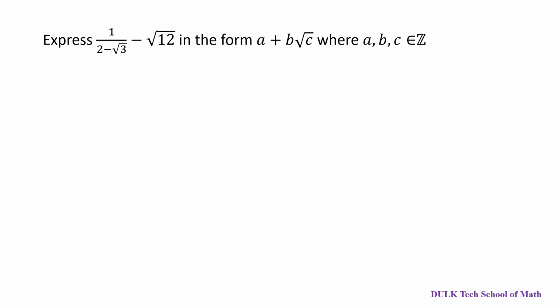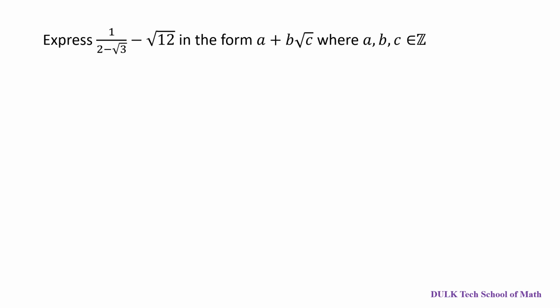Express 1 over 2 minus root 3 minus root 12 in the form a plus b root c, where a, b, and c are integers. Right, this one is a little bit tricky.